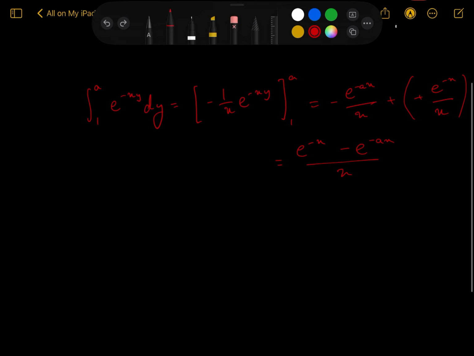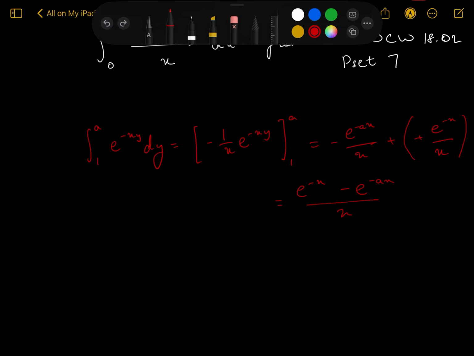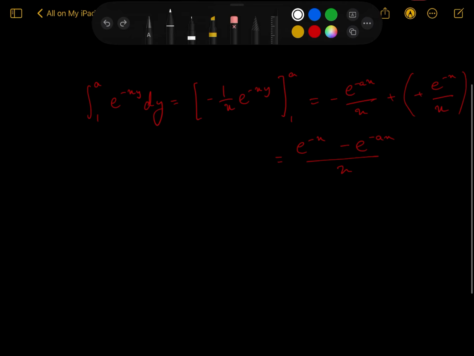So what we can actually do is frame our original question as a double integral. So if we just rewrite that, from 0 to infinity of now 1 to a e to the minus xy, and then this is dy dx.